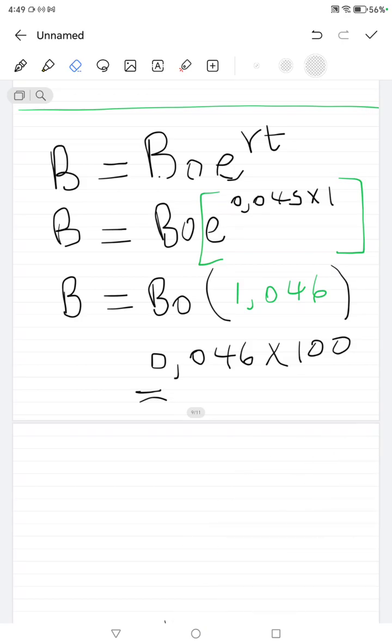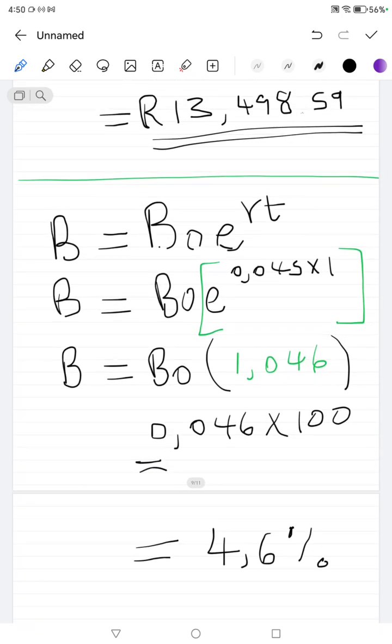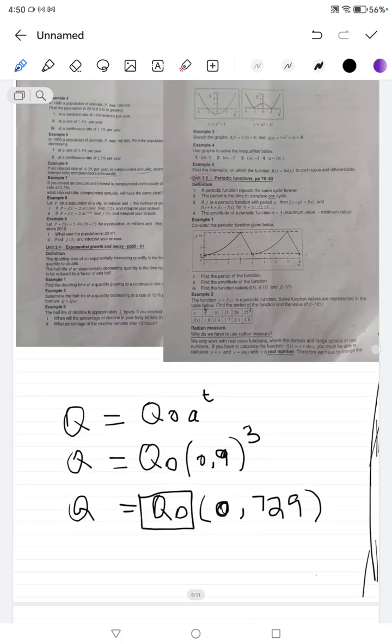And with this one, the final answer, you will write that the effective interest rate is 4.6 percent. You see. So let's go and check the other one.